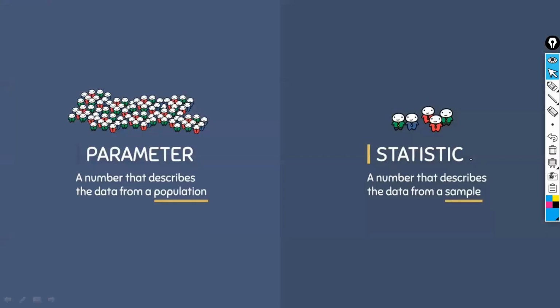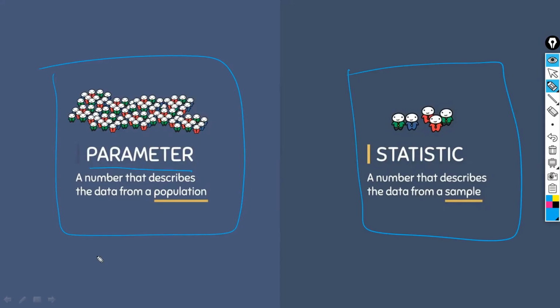Is that clear, guys? Now, as we discussed, we have population and sample. Whatever population values we calculate are called parameters. For example, if you calculate an average, what average? Sample average or population average? If it is the population average, then this average is called a parameter. But if you calculate the same average for sample data, then it is called a statistic. Both are the same thing.